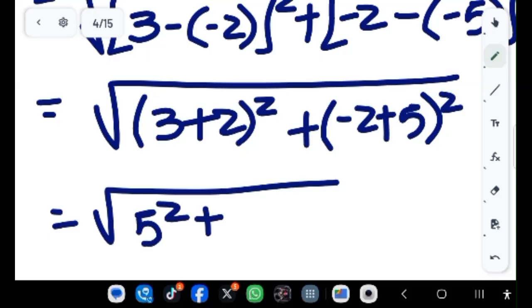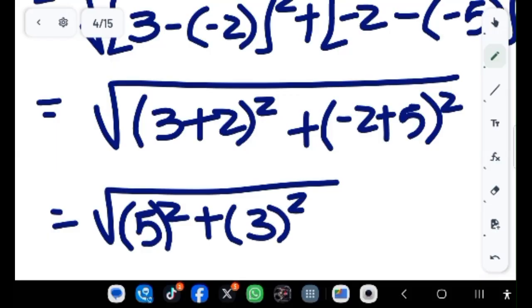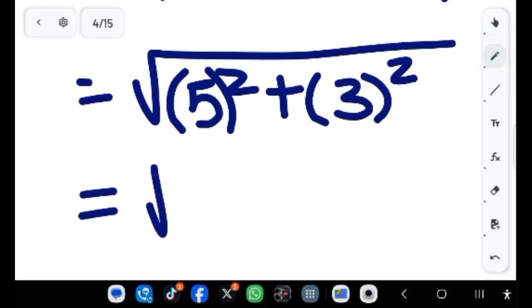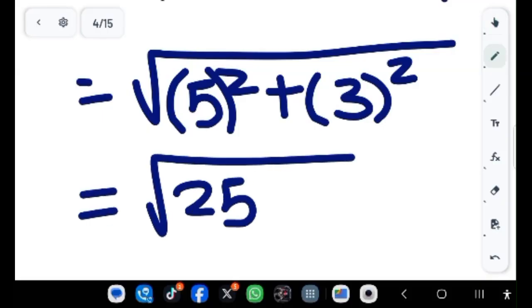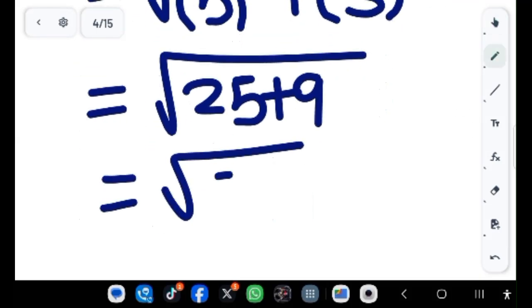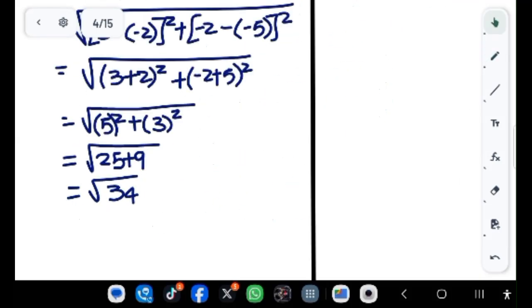And then we've got plus 3 all squared over there. So that is 25 plus 9, which gives us 34. So that is the square root of 34. That is the size of RS.